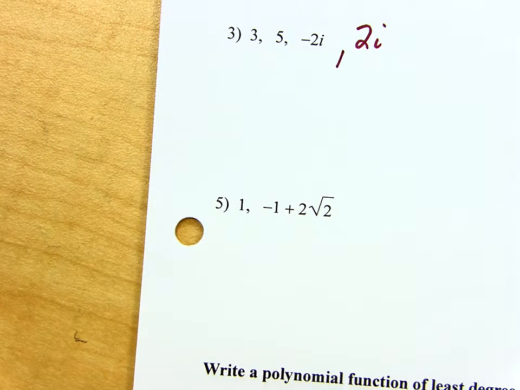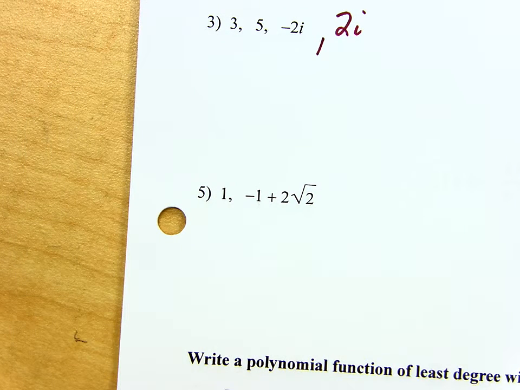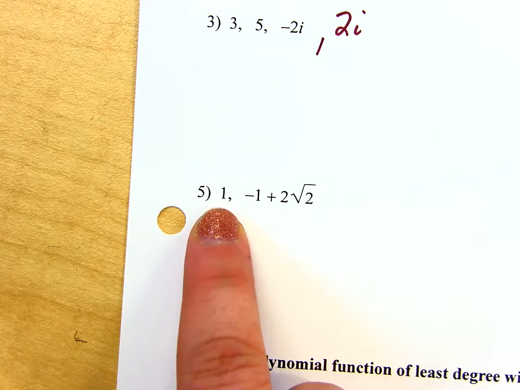Okay, real quick, try 5. Does 1 come with a pair?